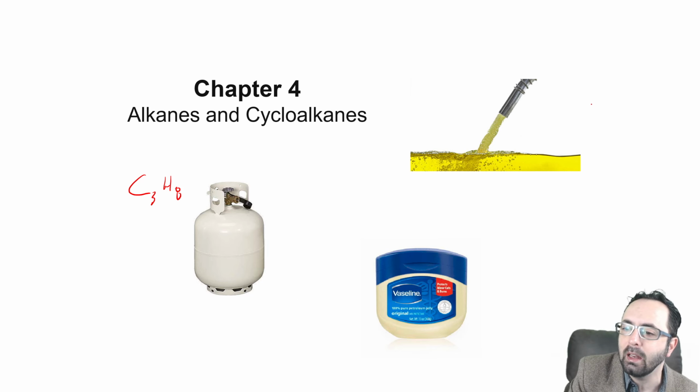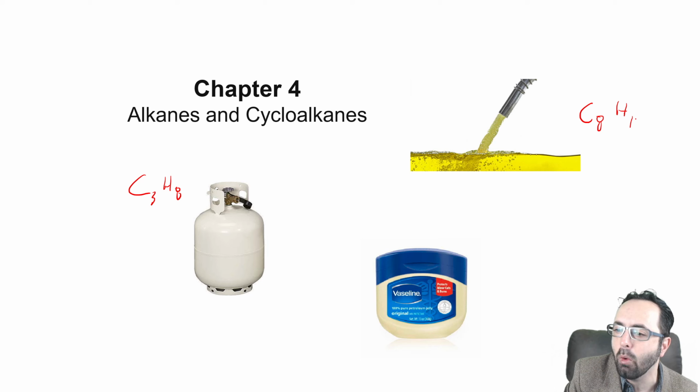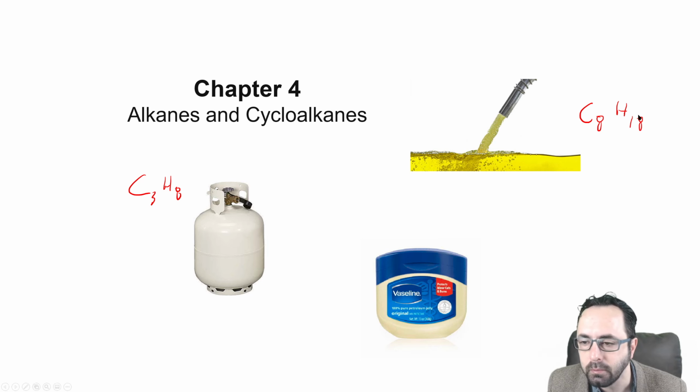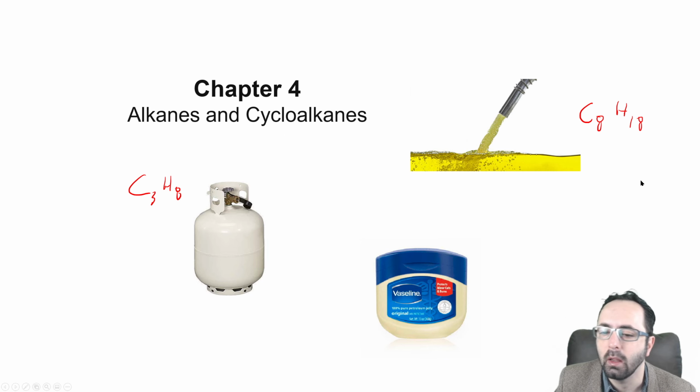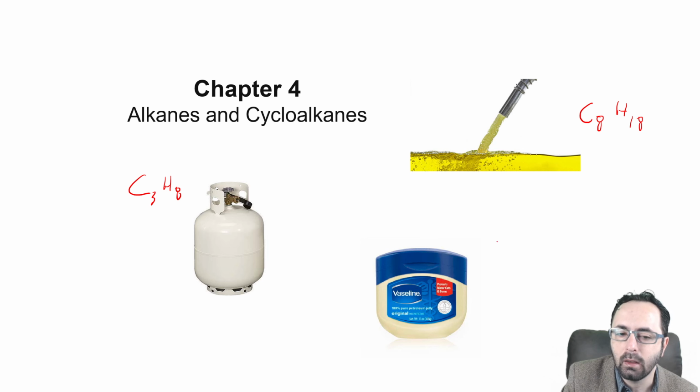If you have 8-ish or so carbons, you've got a molecule with a little bit more London dispersion forces, so these can attract each other a little bit more strongly. This is like your gasoline. Gasoline is a real mixture of hydrocarbons, but it averages around 8 carbons.